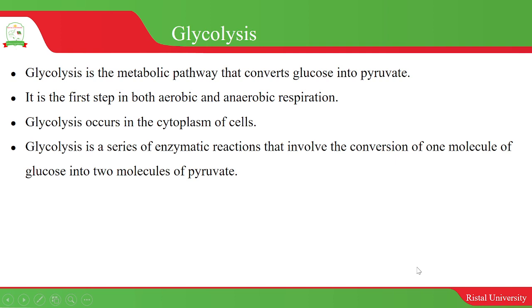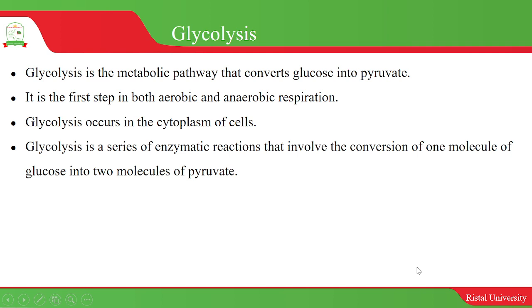Okay, so we are going to look at glycolysis, which is one of the first steps in the process of respiration. Glycolysis enables the conversion of glucose into pyruvate, and this process occurs in all living organisms.